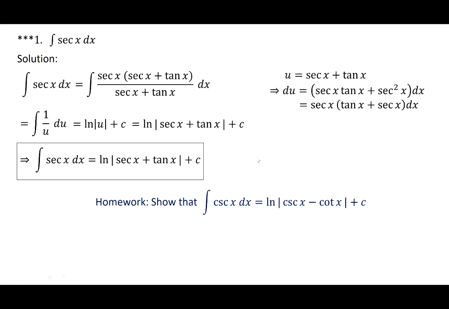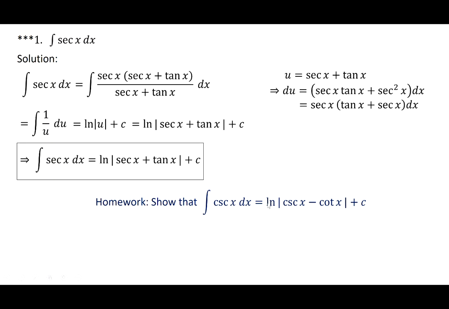Yeah, that's okay. I was going to say something else. Okay, let me not tease you. For the nerds in the class, can you show that this is in fact equal to negative natural log of absolute value of cosecant x plus cotangent x plus c?